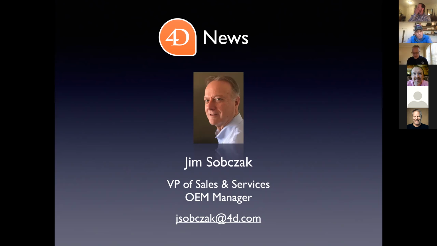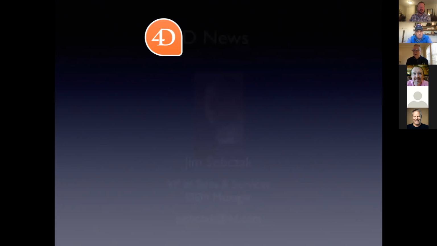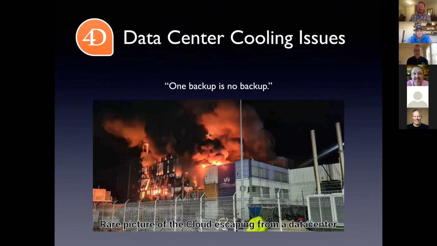And the final topic for me, and I think Brent has a slide about this, is the fire at the OHV data center in Strasbourg, France. So I want to thank you all for your patience while we work through the ramifications of that fire at the data center earlier this month.